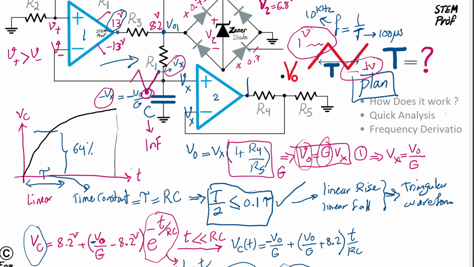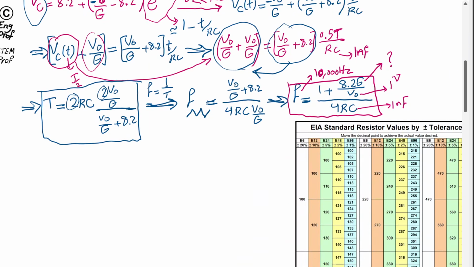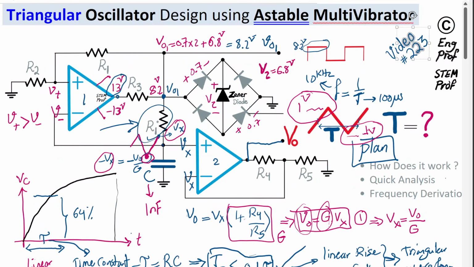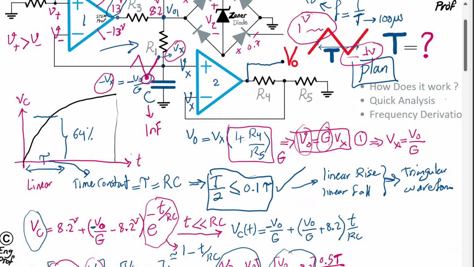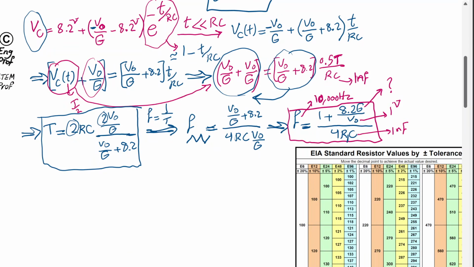So what is the gain of this second stage? And then also, what is the value of this R, which basically is R1? So I kept it as R, but obviously it's R1.